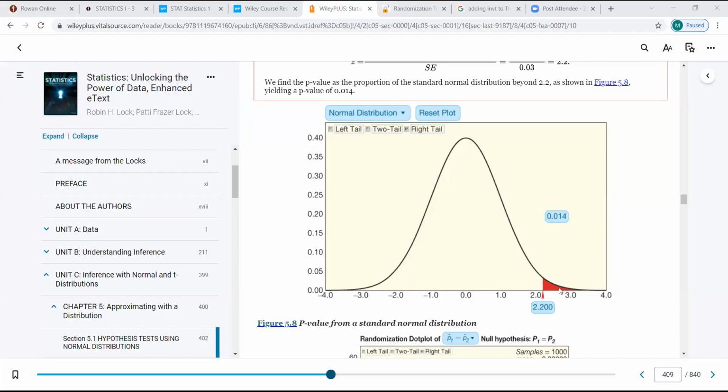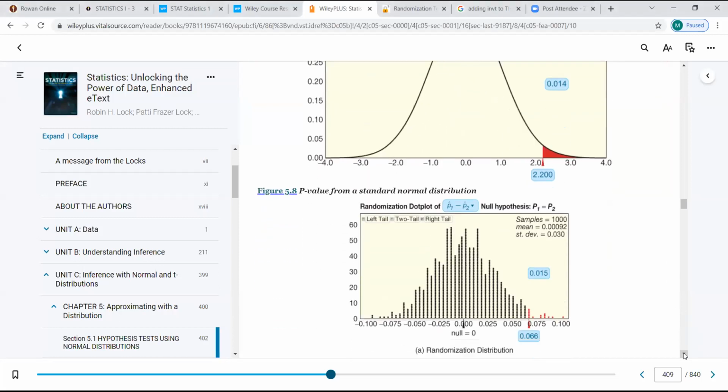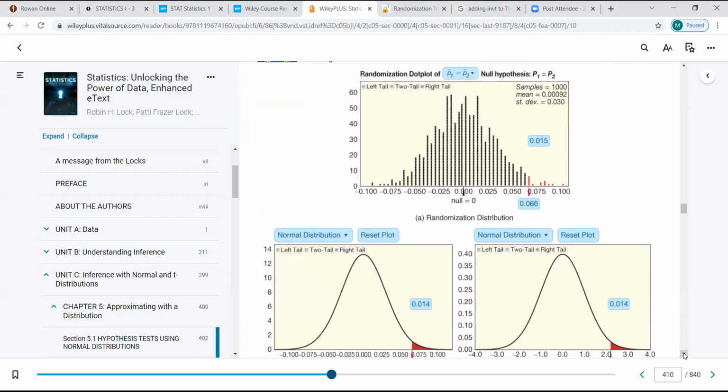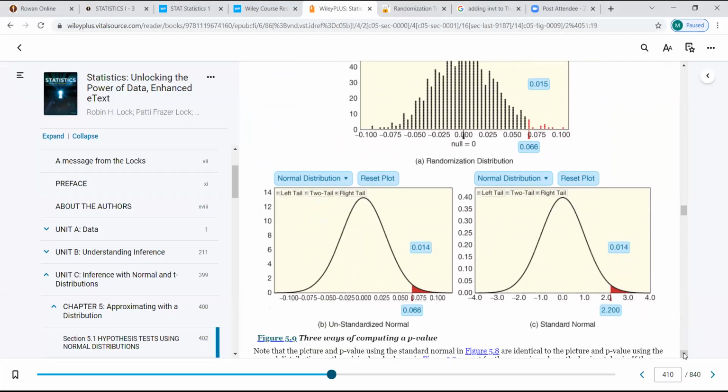So 0.0139 rounded to 3 decimal places gives us the same answer. All right. So this time we used a formula as opposed to StatKey. And why do we use the formula? Because we're assuming a normal distribution for our sampling distribution.